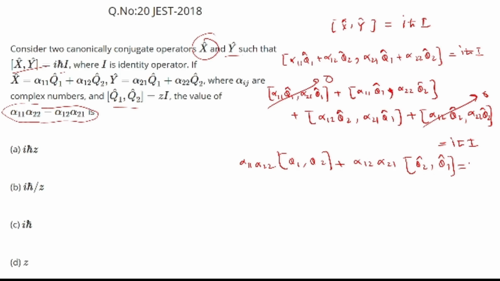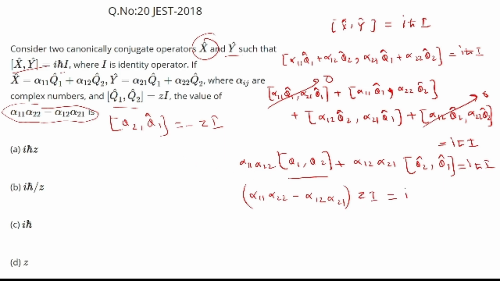Now given that the commutator of q1 q2 is nothing but z I, what will be the commutator of q2 q1? Nothing but a negative sign will be here, minus z I. So replace that value: alpha 11 alpha 22 minus alpha 12 alpha 21, into the commutator of q1 q2, that is z I, equals iota h cross I. Dividing, the answer will be iota h cross by z, option B.